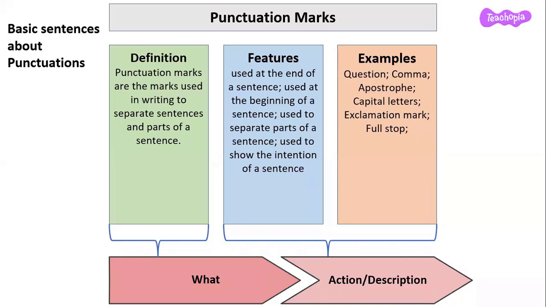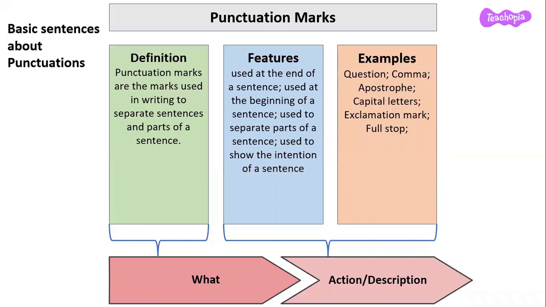Now, if you noticed, you would have actually used a lot of vocabulary from different categories to construct your sentences. Some of you might have used a lot of examples like question, comma, apostrophe.